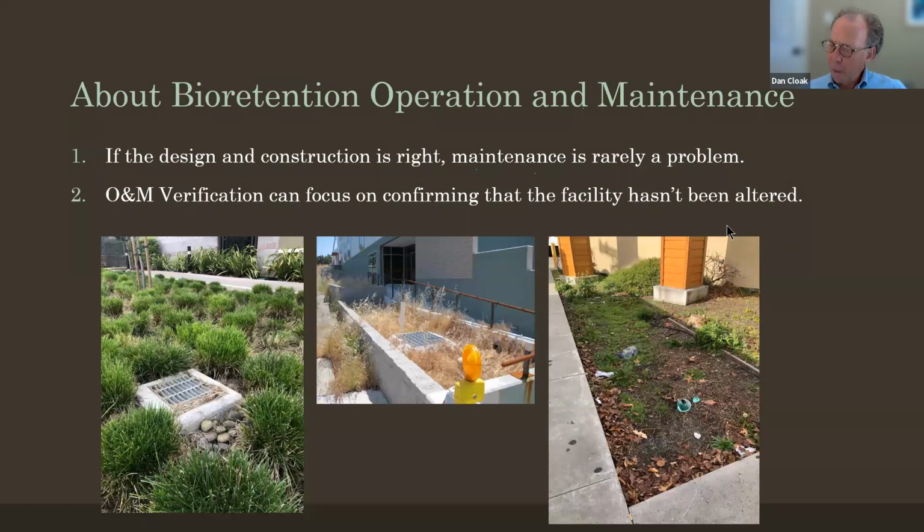So here's my spiel on operation and maintenance based on experience. A little while after we got into this, back a couple of decades ago, it was the mantra that in order to ensure that stormwater treatment facilities, used generically, continue to perform, they must be maintained.